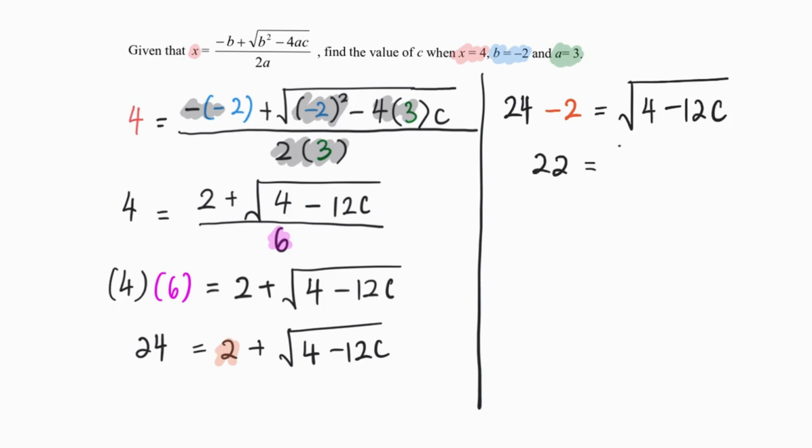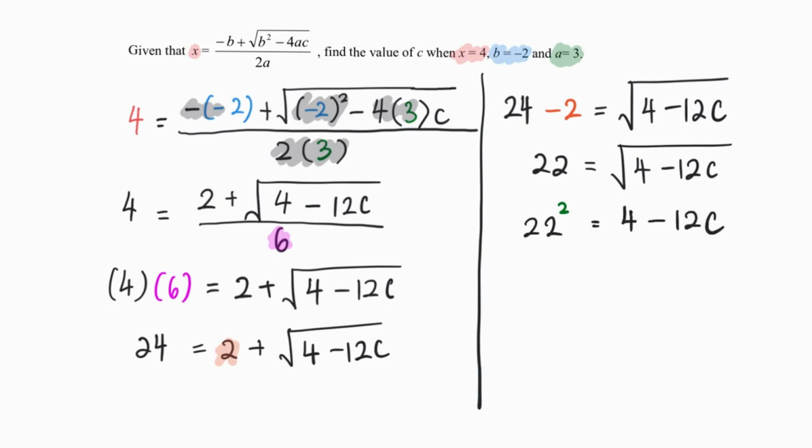22. And if we do not want the square root, we're going to square it so that we no longer have the square root.